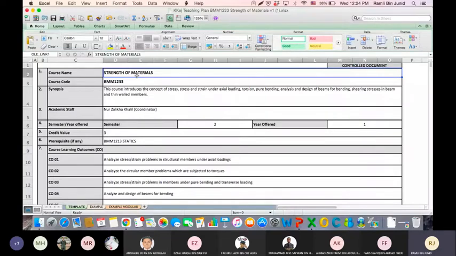Stress is pressure, equal to load over area. Stress is equal to P over A. So pressure is load over area. That is what we are going to study in this subject in general.